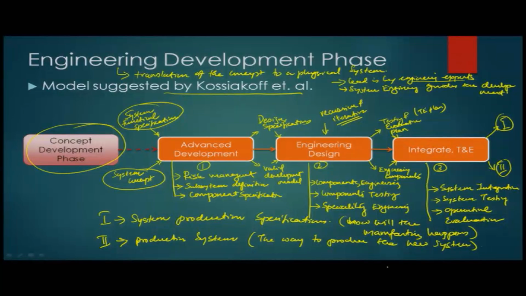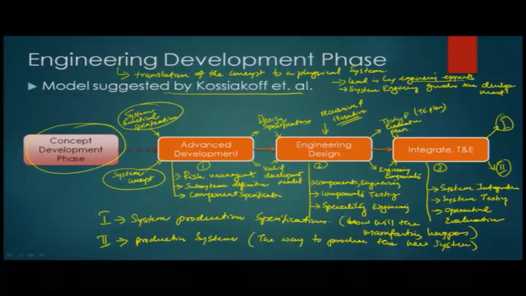So, as I said earlier, the concept development phase gives two outputs, which become input to the engineering development phase, where systems engineering approaches are iteratively and recursively applied to design components, engineer the components, then test the components, ensure that the components meet the functional requirements of the system, and also do specialty engineering. After that, the engineered components become the input along with the testing and evaluation plan, where the system gets integrated.